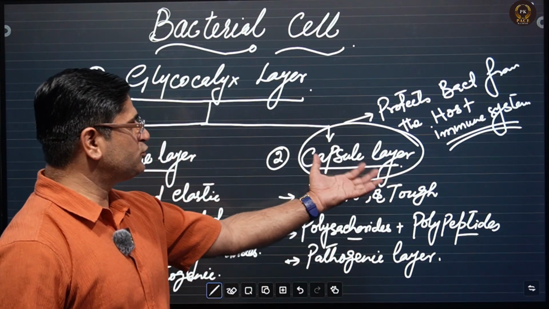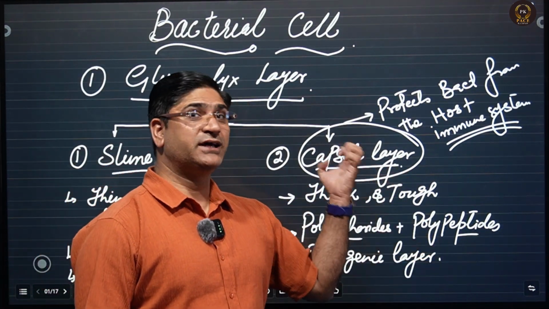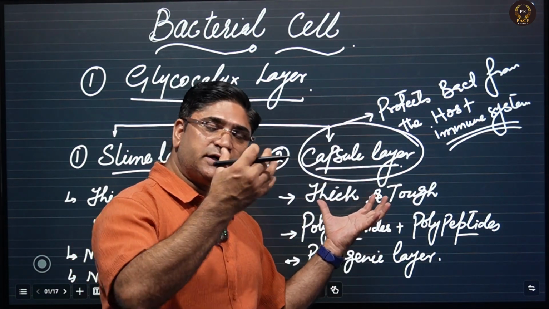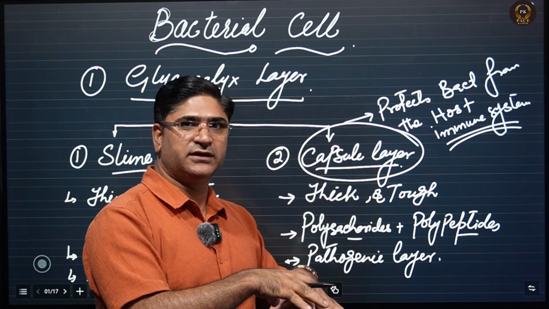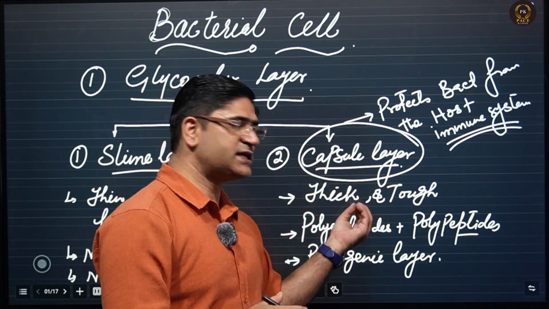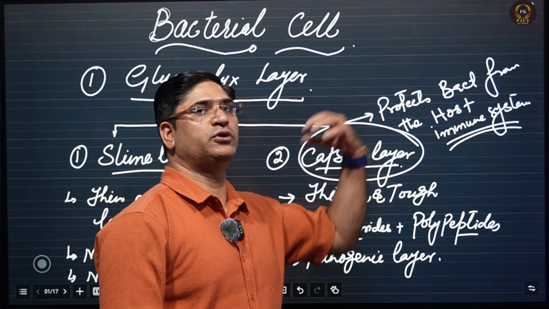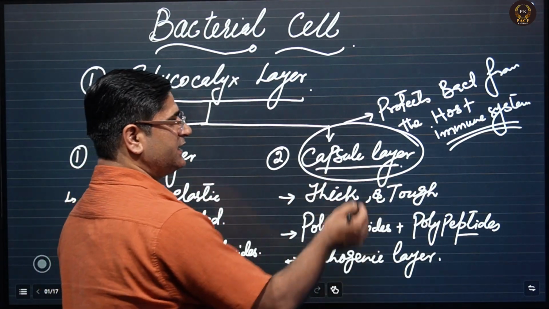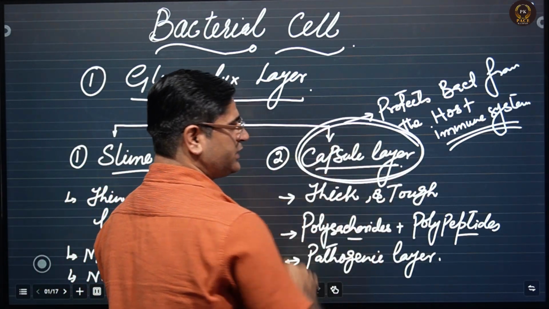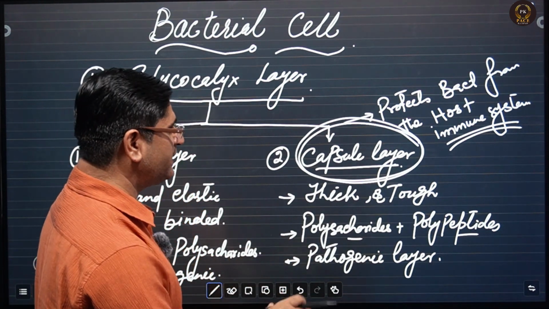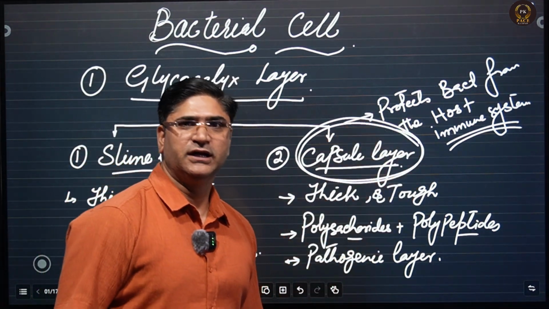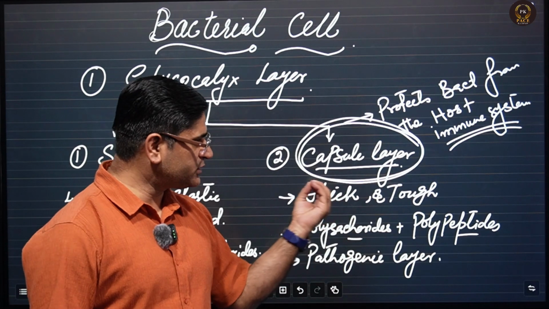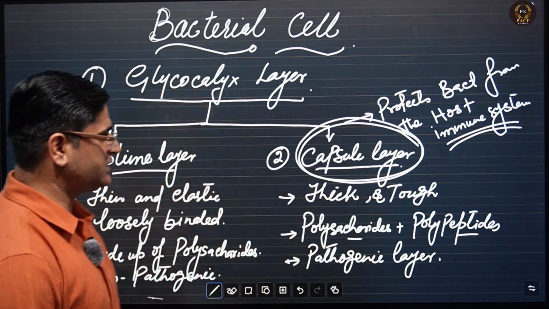Bacteria that have the capsule layer can hide within it, and the capsule protects them from the immune system of the host. That is why bacterial infections caused by capsule layers remain for a longer period of time, because it helps the bacteria hide within the capsule layer. That is the specialty of this layer.